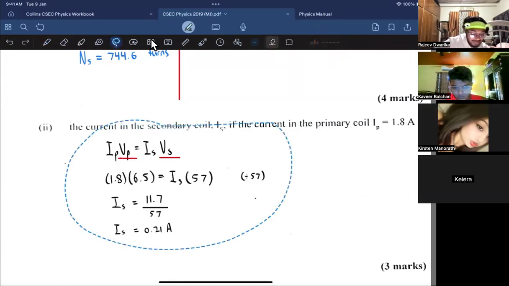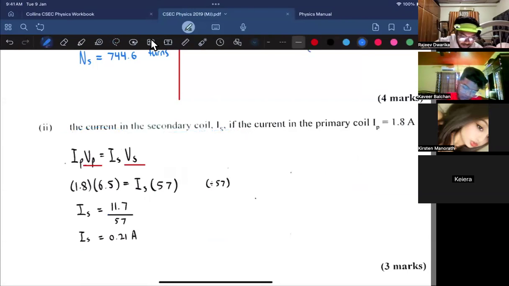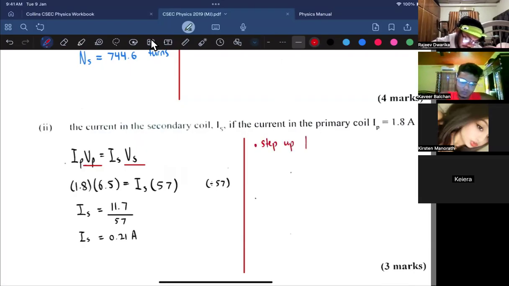In case you see it like that. Justin, you're learning today, right? Like everything making sense. Yeah. Nice. So Justin, write the statement for me. So first of all, what kind of transformer is this? Step up. What does step up mean? What is increasing?